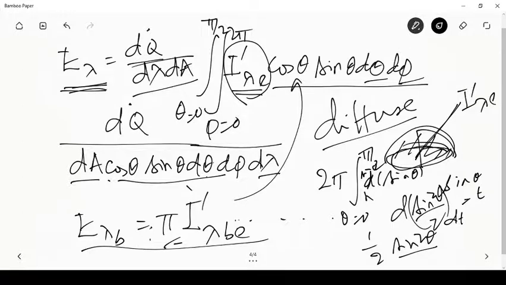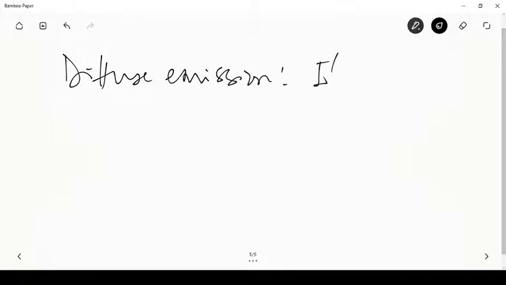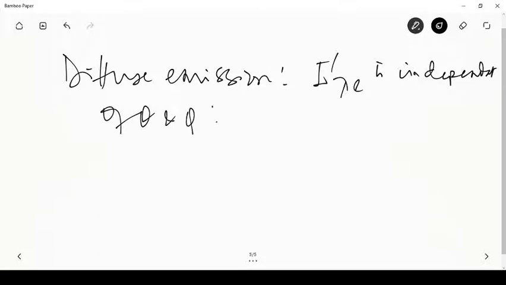So when I say diffuse emission, then I prime lambda e is independent of theta and phi, then E lambda is equal to pi times the I lambda e.